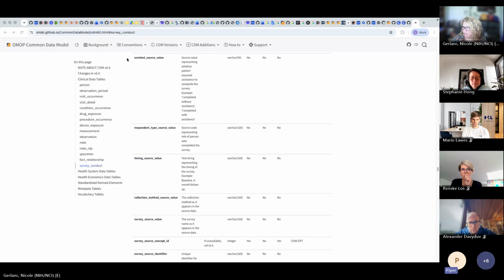You and I talked about this offline before: some of these pieces of information are best captured as part of the vocabulary, part of the semantic model of the instrument or the question, and some are better captured by the information model, which is the CDM itself. So I'll stop there, and I defer to the rest of the group about next steps.